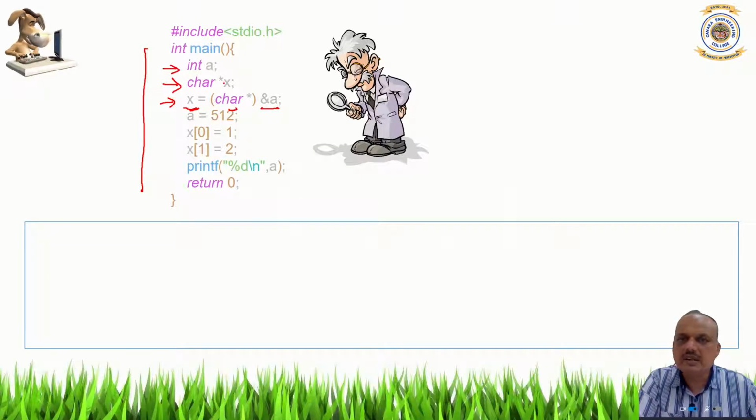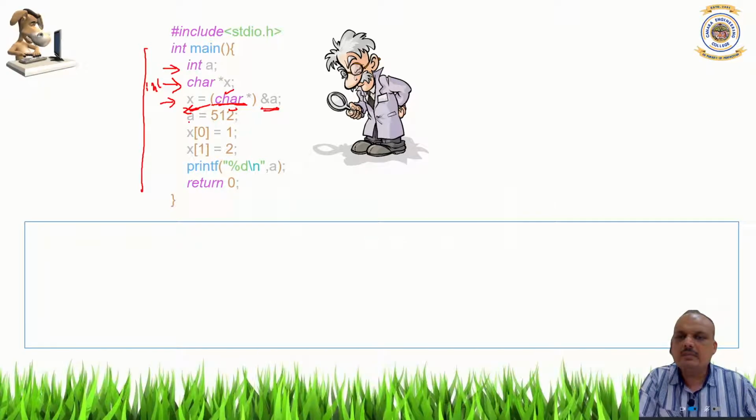So I'm basically trying to store the address of an integer to a character pointer. Ideally this should have been int, but it is not, it is character. So I'm typecasting the integer address to a character pointer and then storing the address in this pointer X.